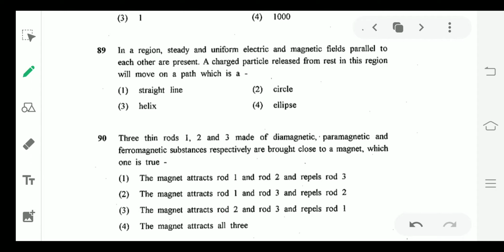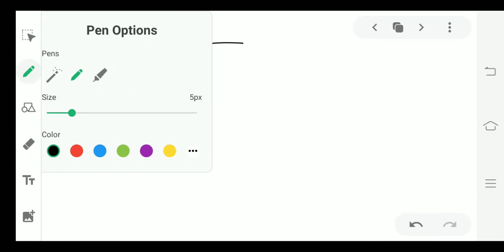So in this case the magnetic field will try to make a loop and the electric field will try to move this particle in a translatory motion.